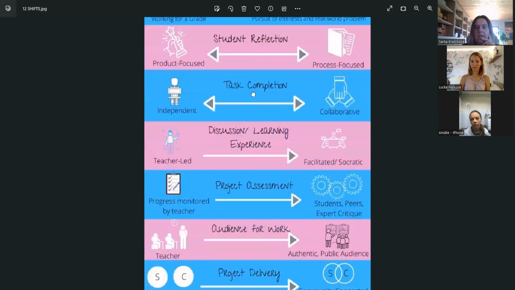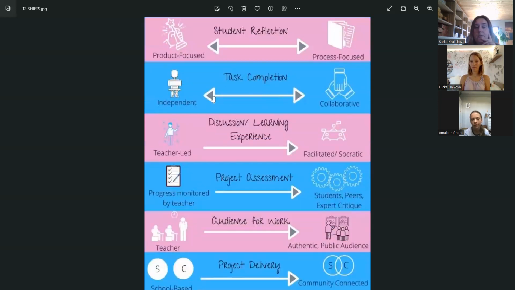Yeah, okay. So the task completion goes from independent to collaborative, and it's both sides again: you work independently, you know how to work by yourself, and how to have teamwork and work together. So what would you say? I actually prefer the teamwork because there are different opinions on the topic.